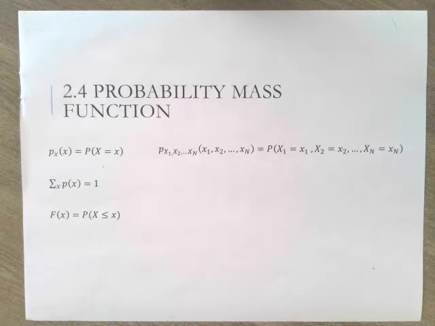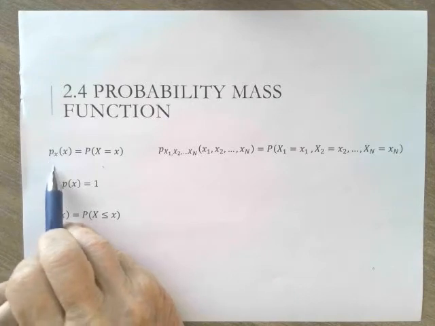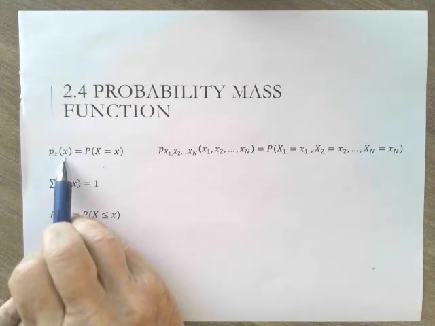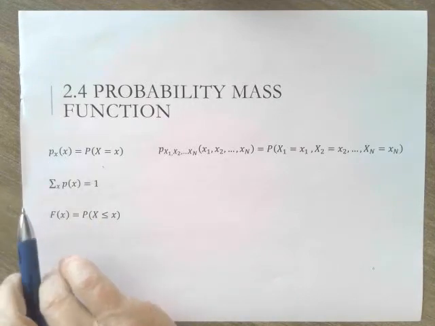So in section 2.4 of the textbook, titled Probability Mass Functions, it's really just a review, but I wanted to point out a couple of things that you need to remember. In this textbook, we use a lowercase p with a lowercase x to indicate that we have a discrete random variable.